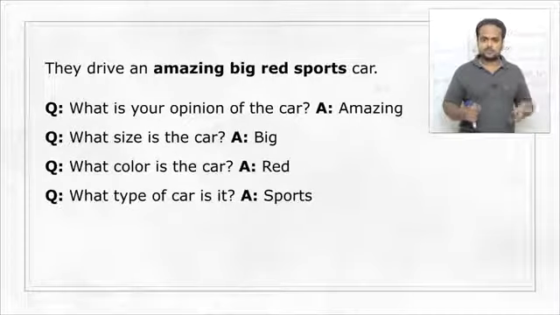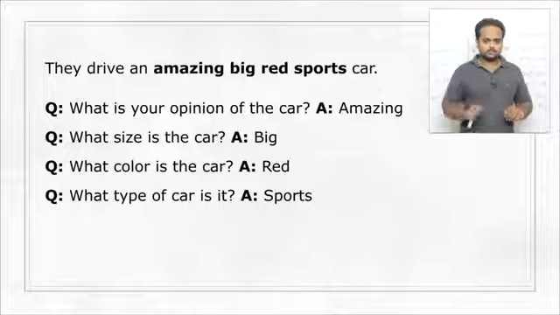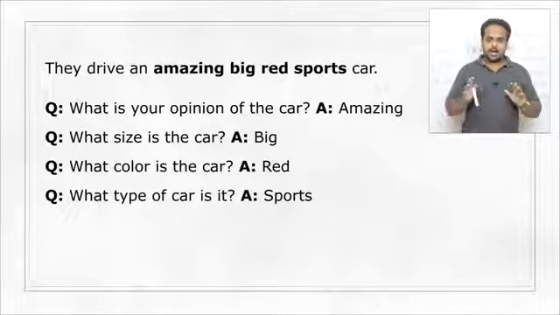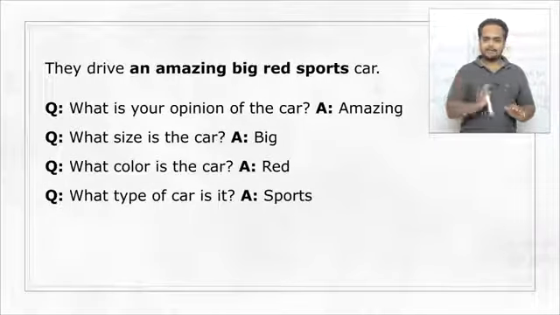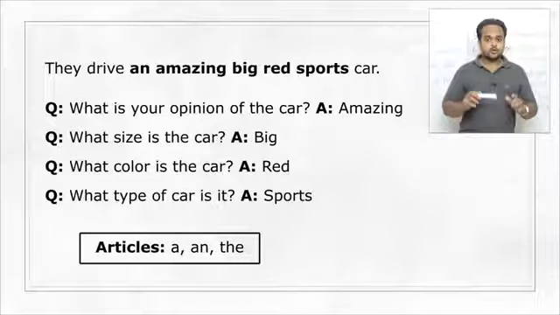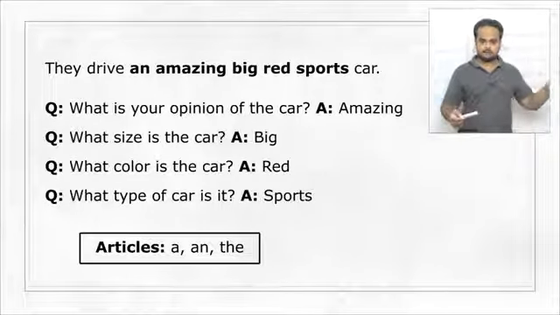It's a sports car. Okay, now that's all great, but I don't know if you noticed, there's actually one more adjective in this sentence, and that is the word an. Now, the words a, an, and the are called articles in English, and articles are also adjectives because they give us information about the nouns that come after them.